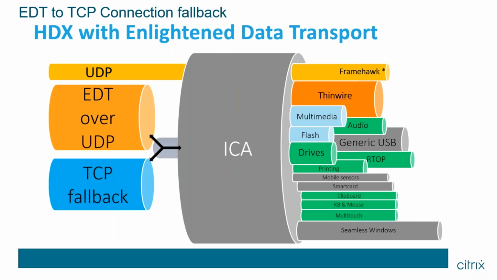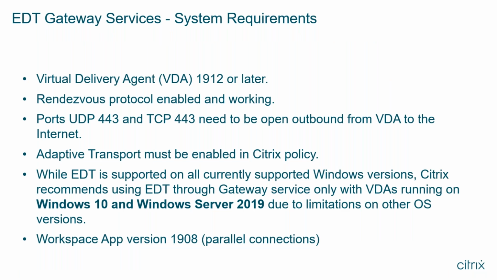So it's going to decide what is the best protocol to use based on the network conditions that the client is connecting from. It's going to make sure it always gives you EDT over UDP where possible, and if not, it will fail back to TCP, always ensuring that we get that good user experience for our users.